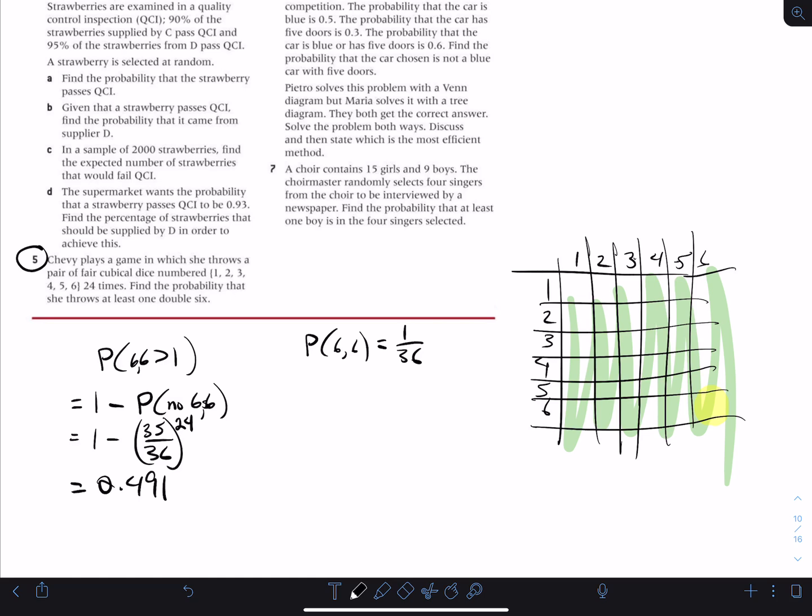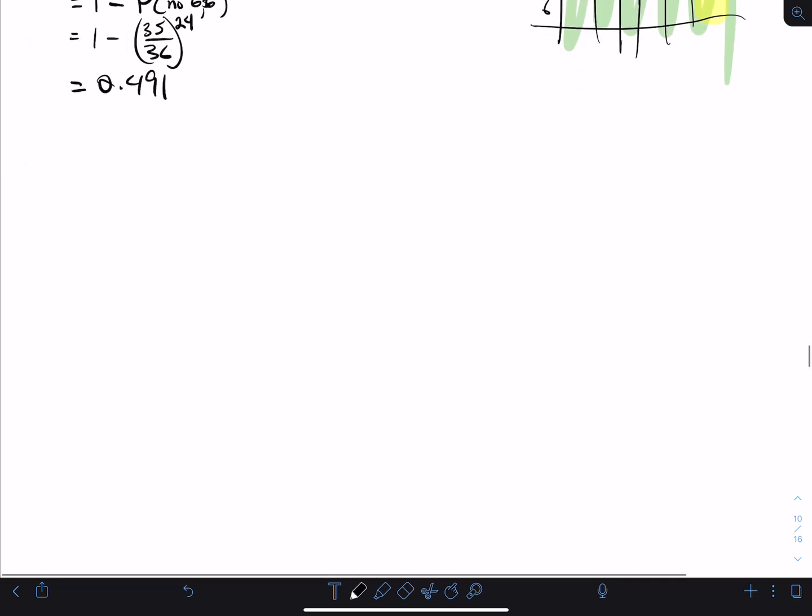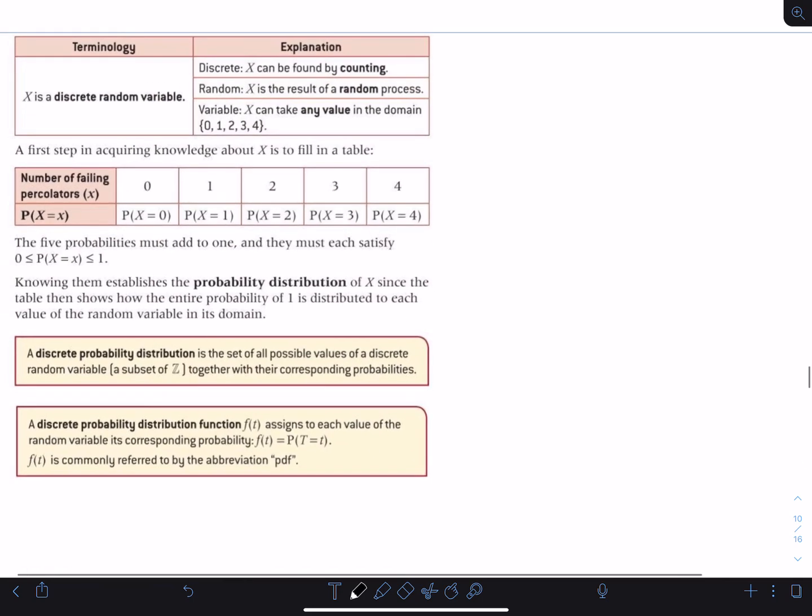So 49% chance. So basically, half the time, you'll get a double 6 if you roll 24 times. Yeah, it's a bit surprising to me, but that's what statistics is all about. Is there more? Yes, but I'm going to stop here.